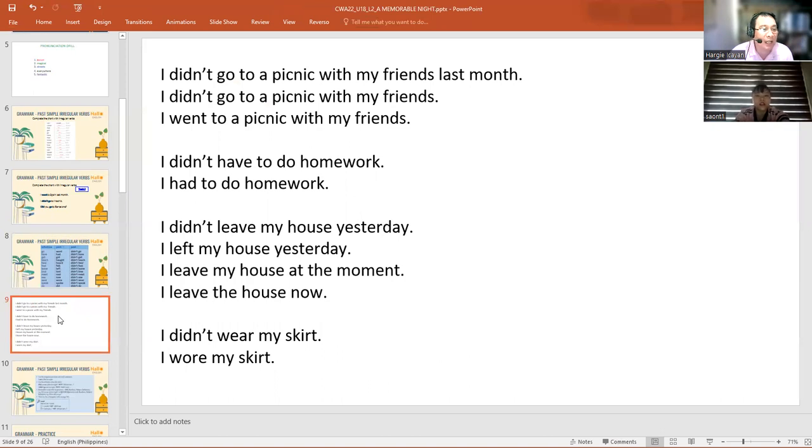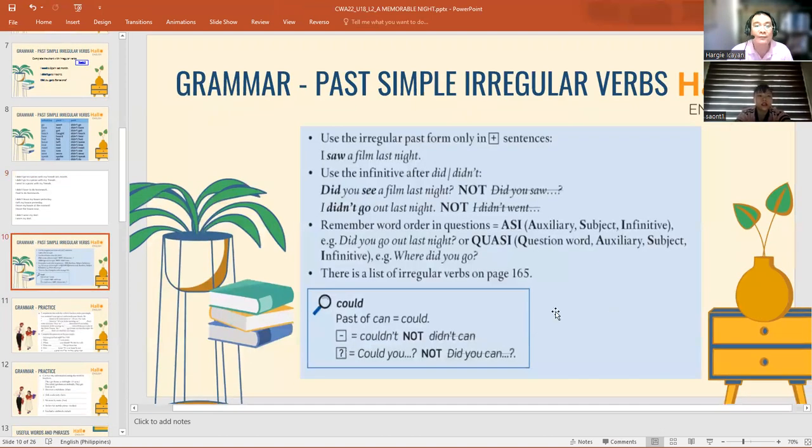Good job, Sal. Now moving on. Past simple irregular verbs. So what are the rules in forming the past simple irregular verbs? Can you please read this one, Sal? Use the irregular past form only in positive sentences. I saw a film last night.